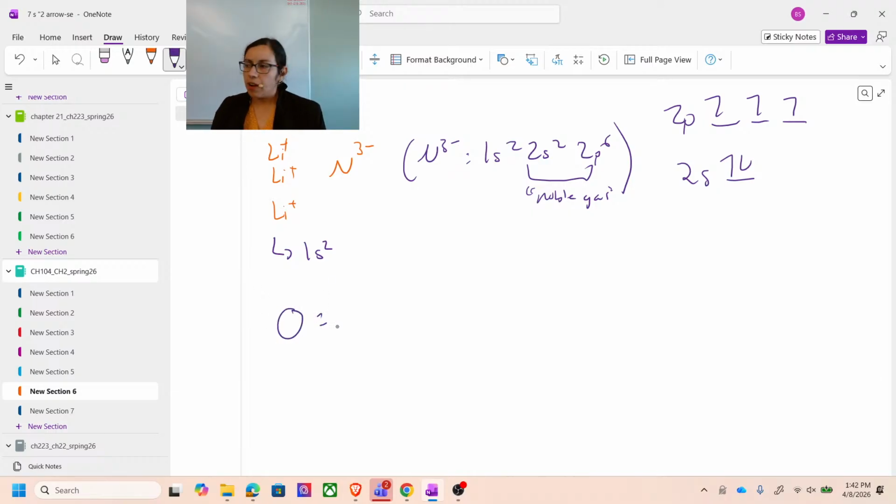So let's try oxygen. So see if you can write out the electron configuration real quick.